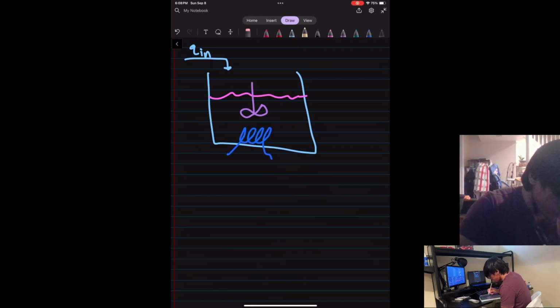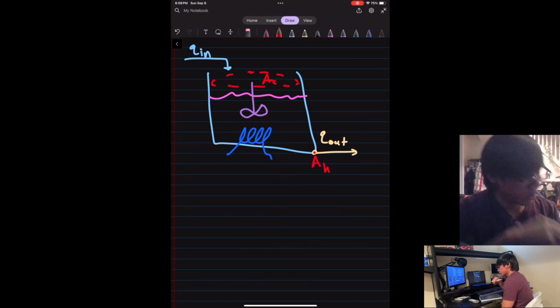And then again, our drainage hole, Q out, and we can label our cross-sectional areas here. We're going to assume the cross-sectional area for the tank is uniform throughout the different heights. We'll see in our calculation, and then our drainage hole, AH.